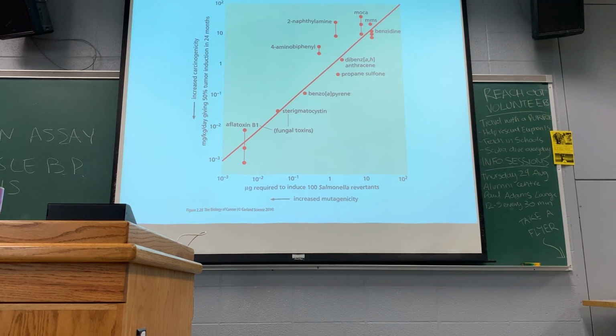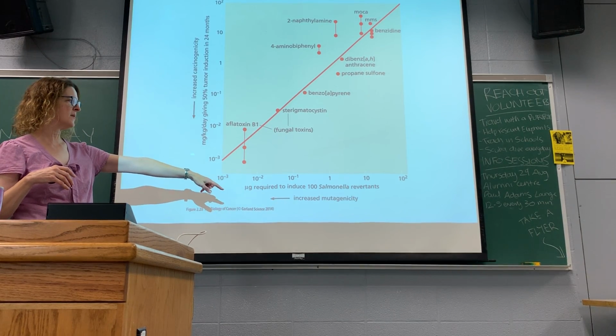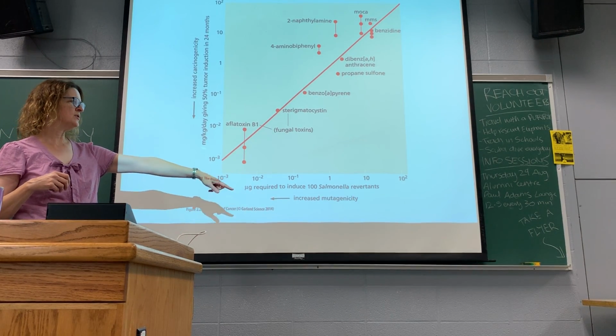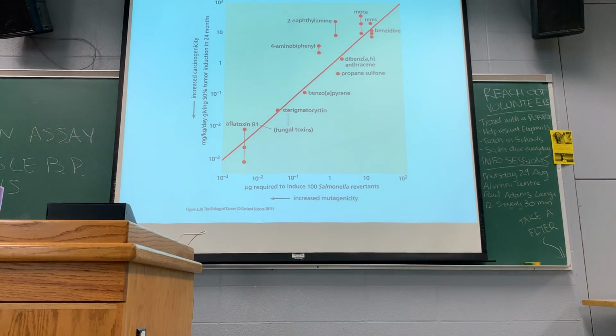But what's shown here on this slide is plotting the Ames test results, and the way this is shown is the micrograms of whatever this test compound was required to induce 100 Salmonella revertants. So basically, the smaller number, the more mutagenic it is, right? If it just took 10 to the minus 3 micrograms to make 100 Salmonella revertants, it's down here. Here it took 100.